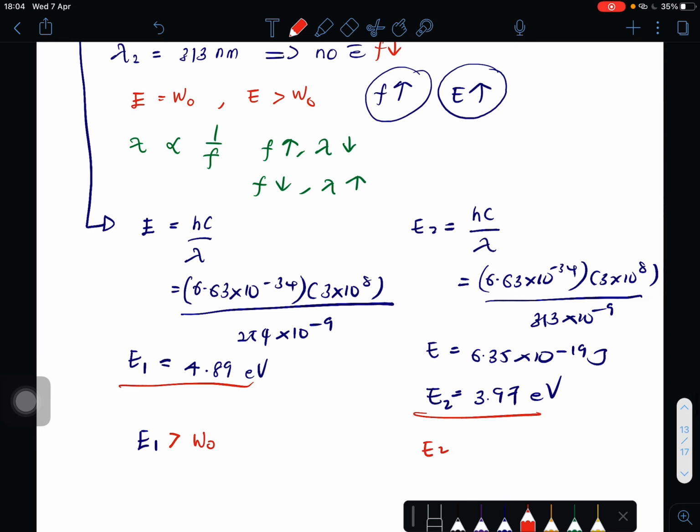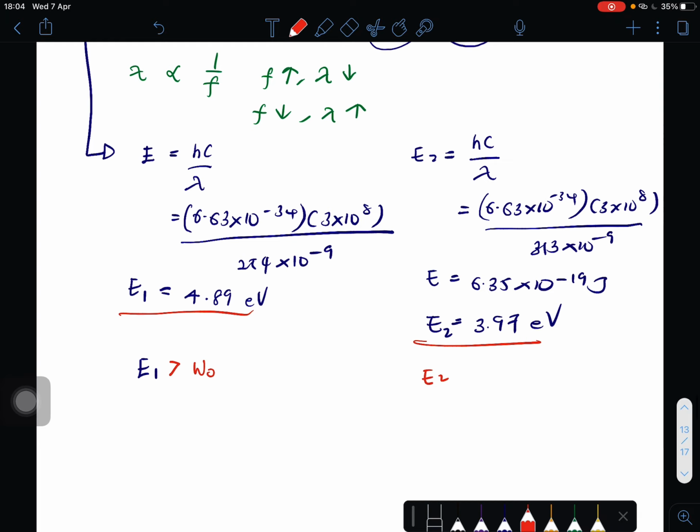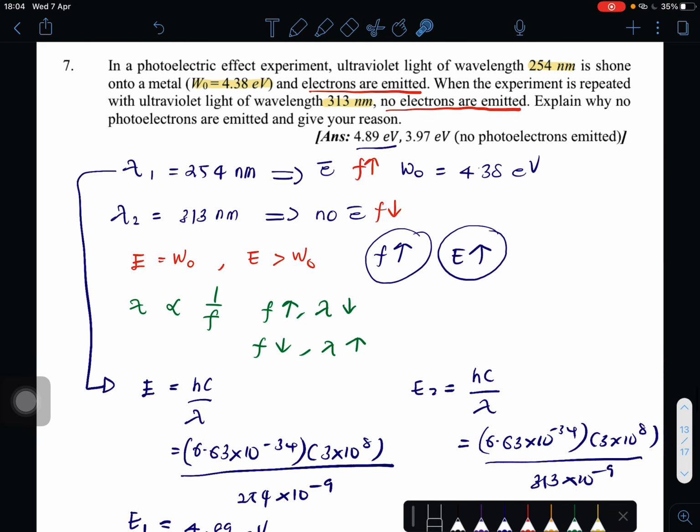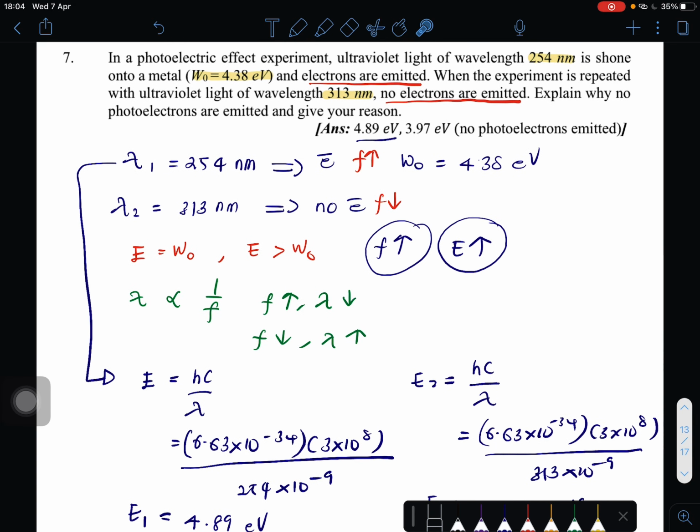And then E2, if we compare, this one is actually smaller than the work function, which is why there is no photoelectron emitted, because the energy is smaller than the work function. I hope you get the idea of this whole photoelectric effect experiment. So always tengok semula kepada condition dekat sini.